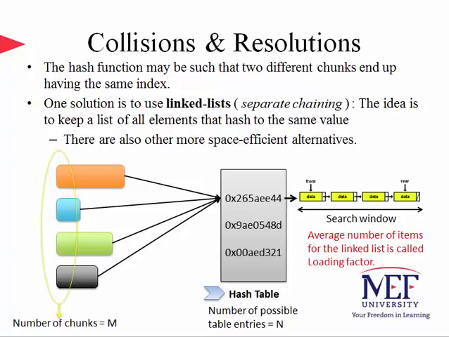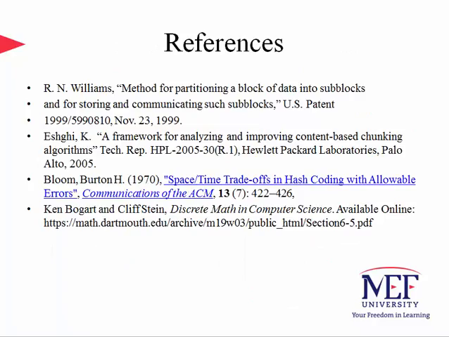As you can see, we can design the load factor to play with the size of the search window and trade off the space and computation efficiency of the overall deduplication system. These are all trade-offs on which a designer should make decisions, and based on these parameters, the designer has to make some choices. There are also other alternative methods, as I said, that use less memory space for handling collisions, but that is beyond the scope of today's presentation.